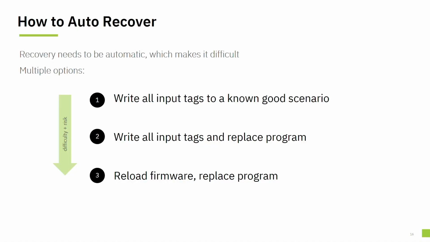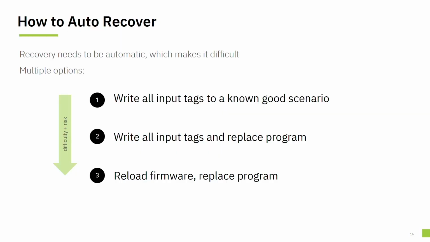We can also replace the input tags and also replace the program logic. That might be a really good idea because we can't trust anything anymore anyway. And the last one, assuming our PLC actually got compromised itself and there's maybe already something else running on it, we maybe have to reload the entire firmware and replace the program, okay?